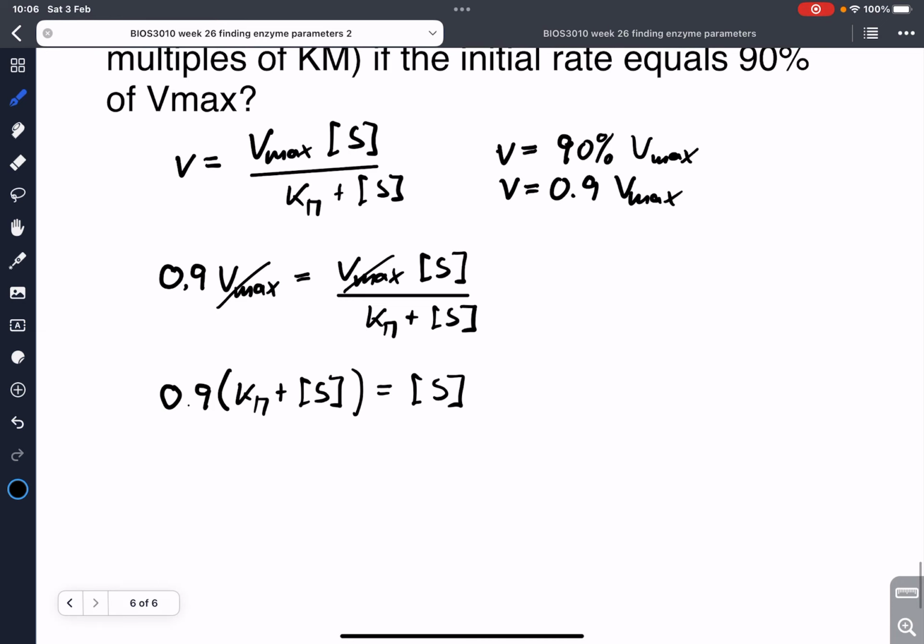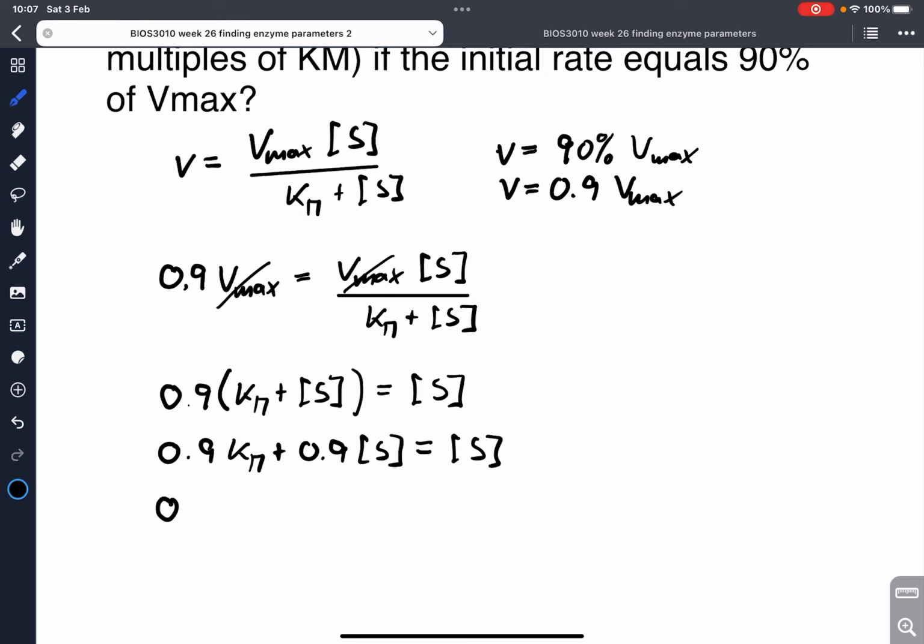Now we need to do a little bit of rearranging to solve for S. So we multiply the 0.9 into the bracket and we get 0.9 times Km plus 0.9 times S equals S. And we put everything with S to one side, everything not S to the other side.